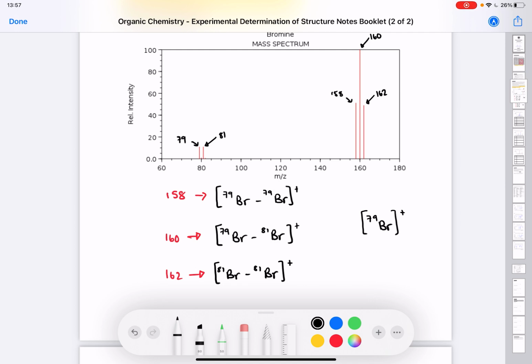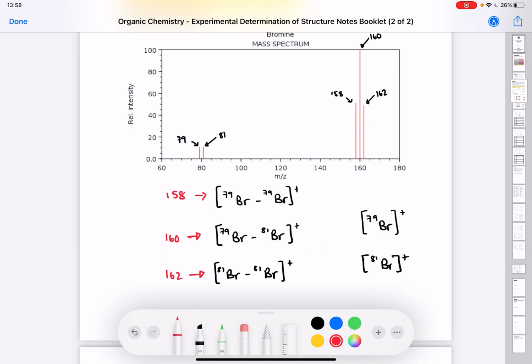Everything in mass spec has a positive charge because the electrons that you're firing at the substance either knock off an electron or they break the bond in between two atoms, and that knocks both of those electrons away. Or we could have the bromine isotope with the mass of 81 being formed.